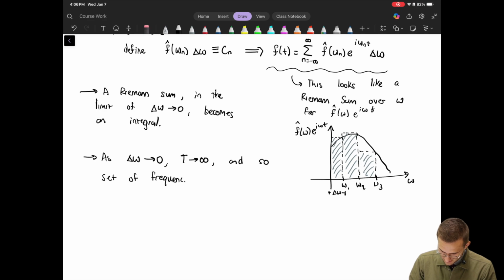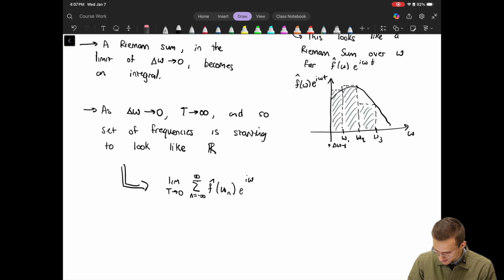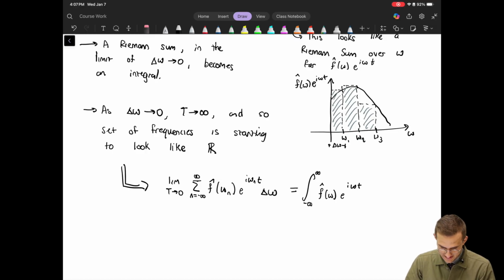Frequencies is starting to look like the real axis, which I'll just write as R. And what I mean by that is that the limit as delta omega goes to 0 of the sum from n equals negative infinity to infinity of f hat of omega n e to the i omega n t delta omega is equal to the integral from negative infinity to infinity of f hat of omega e to the i omega t, where omega is now a continuous value, and that thing is equal to f of t.